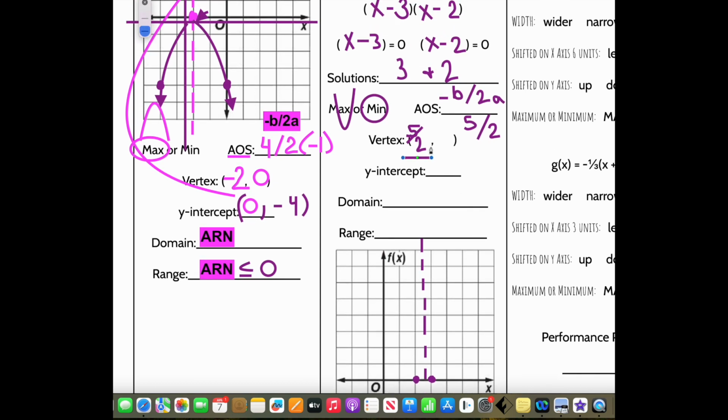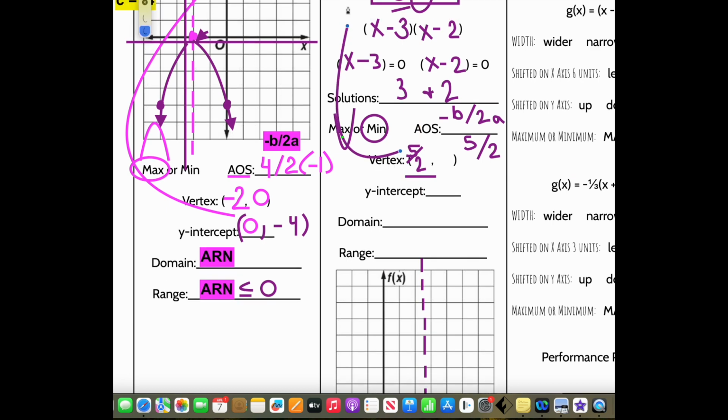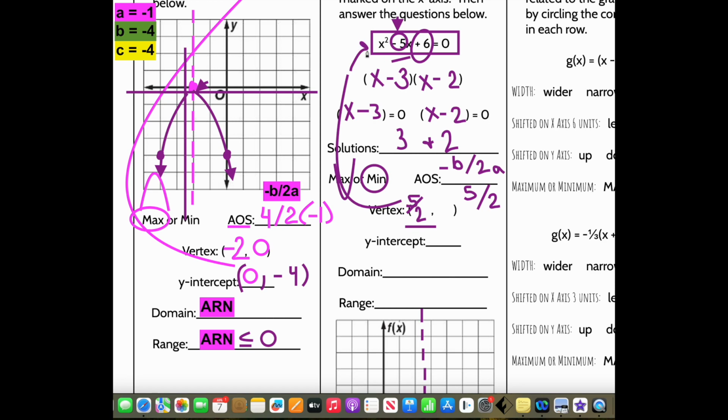How do we find the y-coordinate? Well, we have to plug in 2.5 back into the original equation up here. So 2.5 times 2.5 is 6.25, minus 5 times 2.5. So that is minus 12.5 and then plus 6.